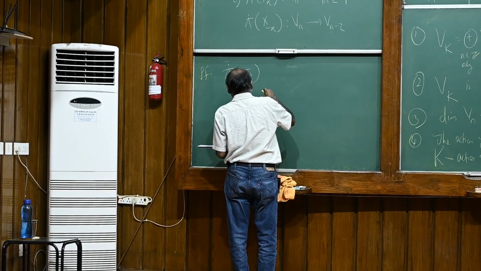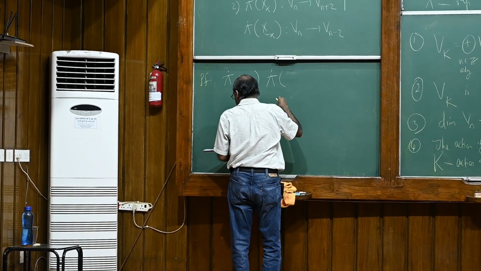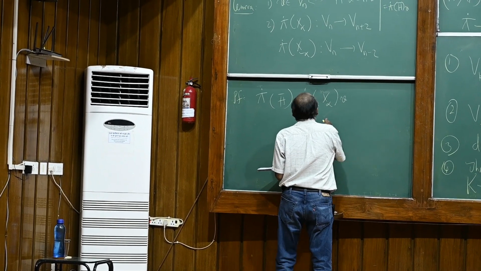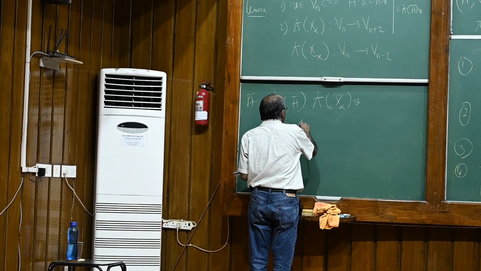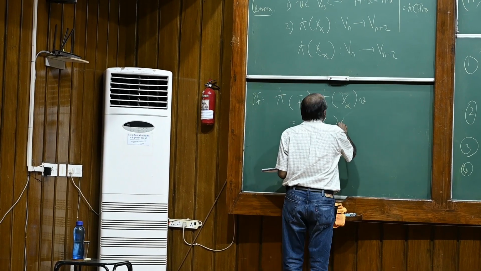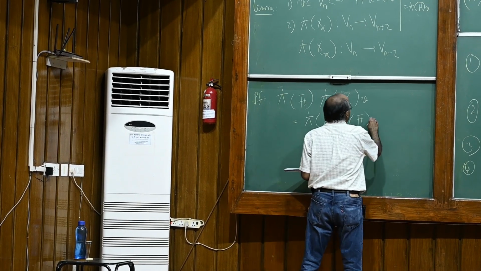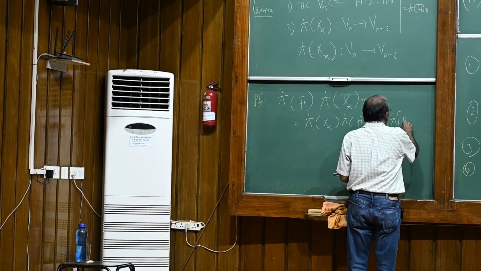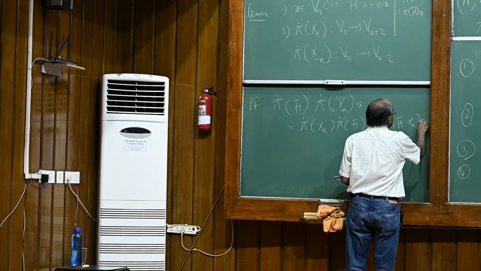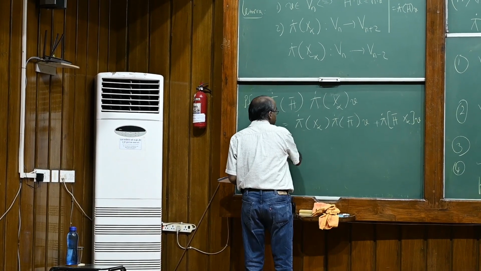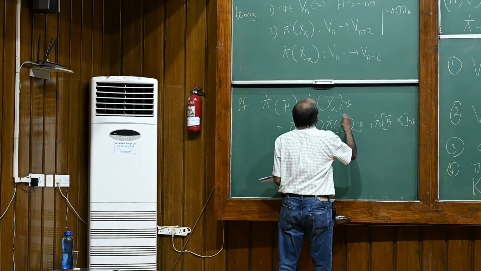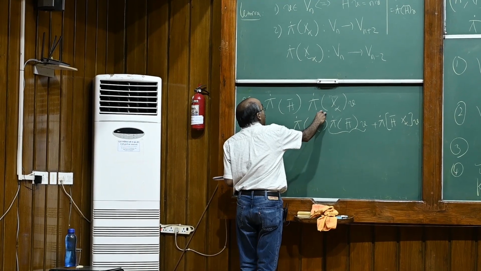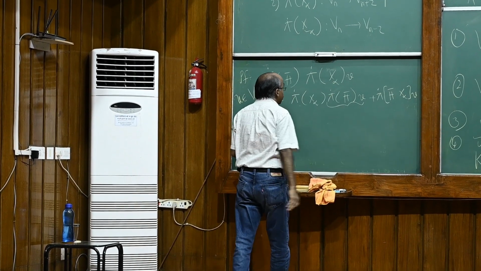So pi dot x bar, pi dot x alpha v equal to, well, you do the usual thing. Pi dot of x alpha, pi dot of x bar v plus pi dot of bracket x bar x alpha acting on v. And also v, I'm starting with v in Vn, right? And I want to say that x alpha maps Vn to Vn plus 2, right?